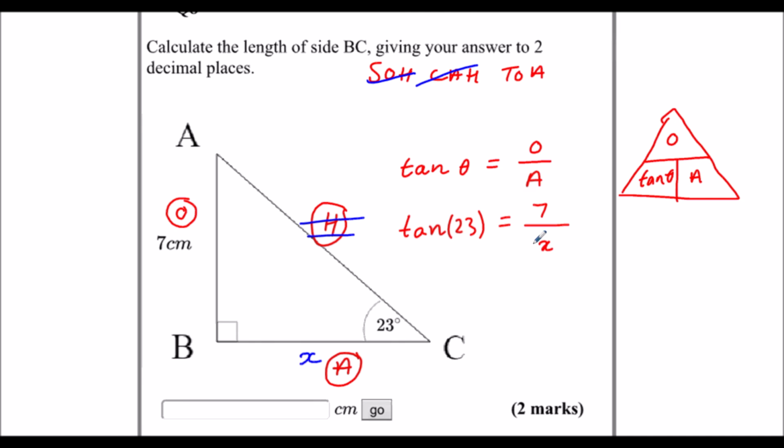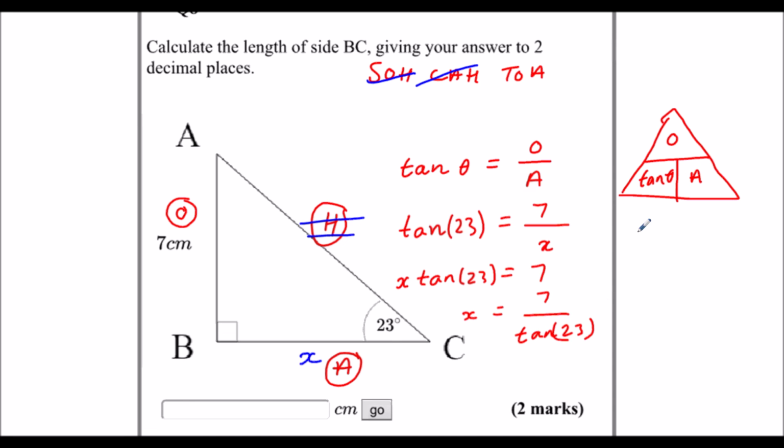We want to get x by itself. So if we multiply both sides by x, x times tan 23 is 7, and I don't want x times tan 23. I want to get rid of tan 23. So I divide by tan 23.